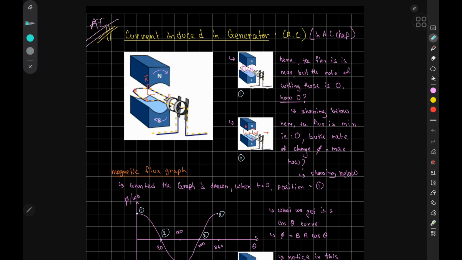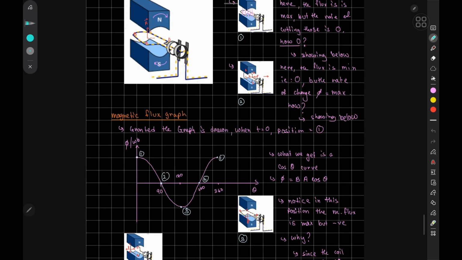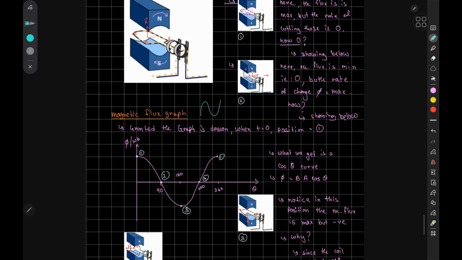The reason we have this extension is I want to show you how AC current really exists. Why is it that there is something called an alternating current, where there is current in one direction and the next moment there is a current in a different direction? You've seen this alternating current shape, a continuous sine or cos graph, with positive axis, negative axis, positive axis, negative axis, and so on.